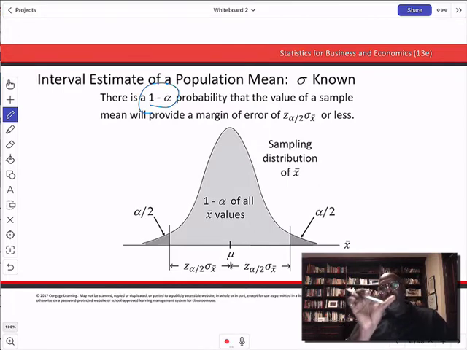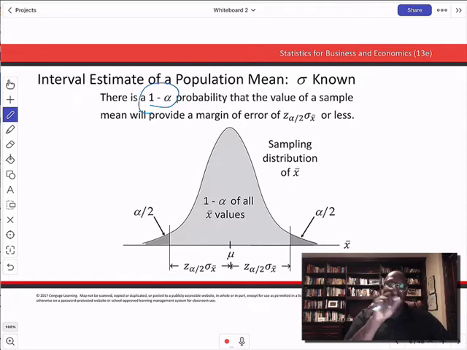In other words, when we develop the interval estimate, if we attach a confidence level of 1 minus alpha to that, which is, let's say, as an example, 95%, then alpha, which is the 5%, is the probability that that interval estimate does not contain the population parameter.